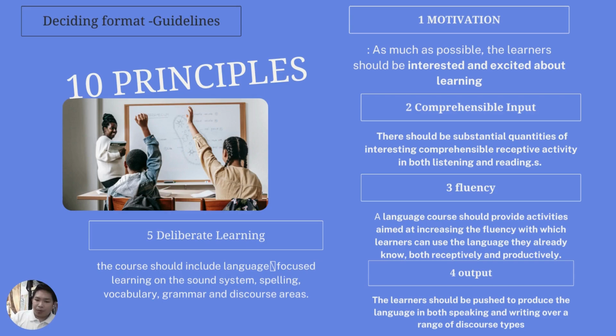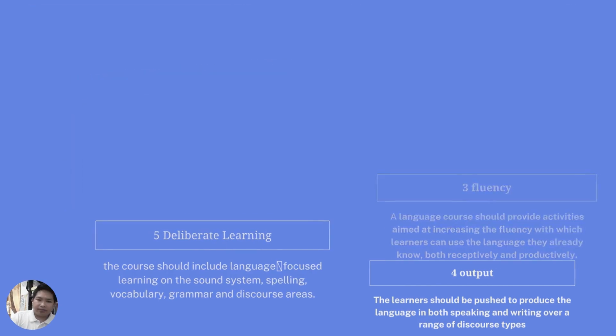The learner should be pushed to produce the language in both speaking and writing over a range of discourse. And the next principle is deliberate learning. The course should include language focus on sound system, spelling, vocabulary, grammar, and discourse areas.